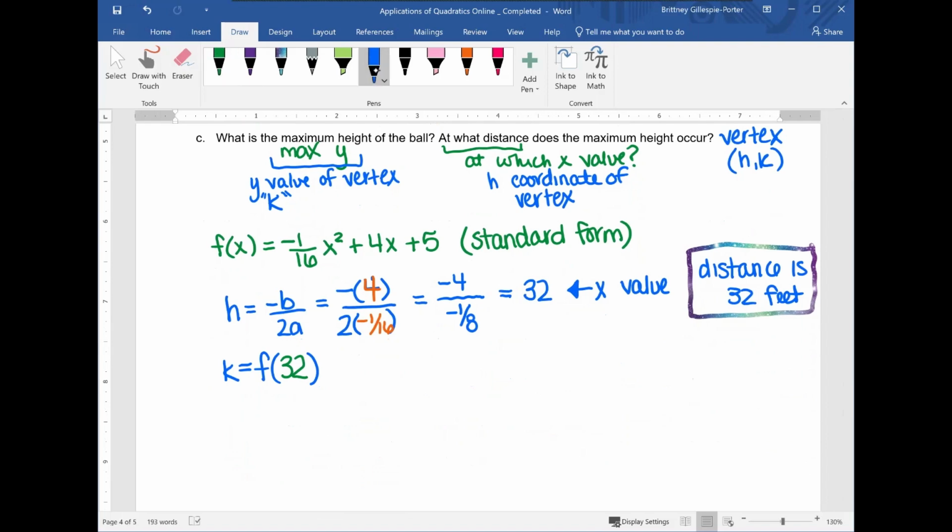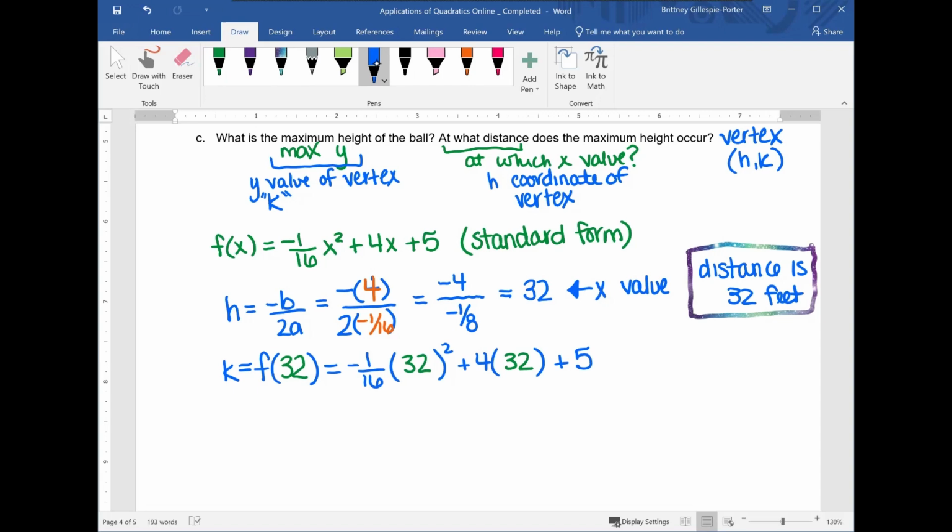So now every time we see an x in our function, we're going to plug in a 32. So negative 1 over 16 times 32 squared plus 4 times 32 plus our 5.